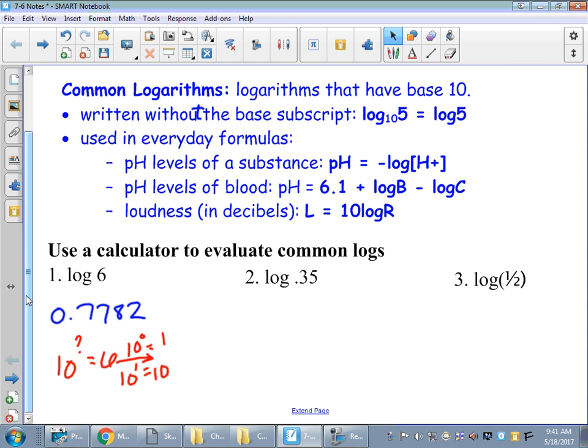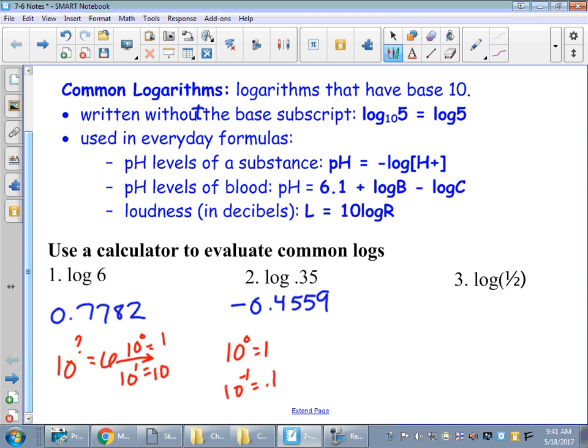For the log of 0.35, you hit log 0.35, and you get negative 0.4559. Again, if you think about what they're asking here, 10 to the 0 was too big. 10 to the 0 gives me 1. 0.35 is less than 1. 10 to the negative 1 is 1/10, 0.1.